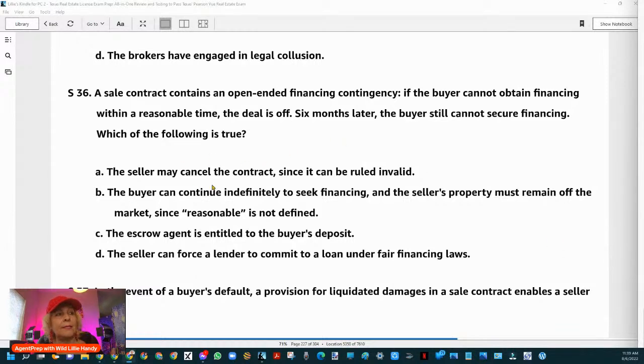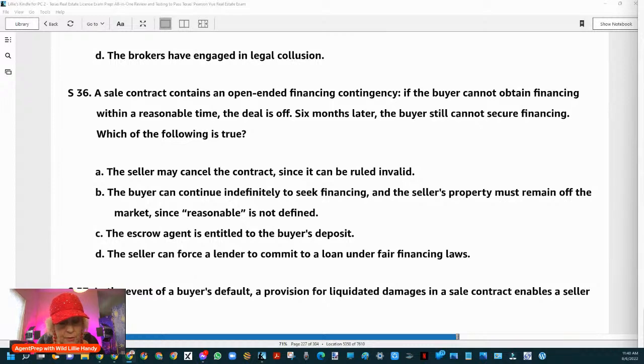So the seller may cancel the contract since it can be ruled invalid. Because the buyer is going 6 months later, still cannot secure financing. That's a long time. So the seller may cancel the contract.